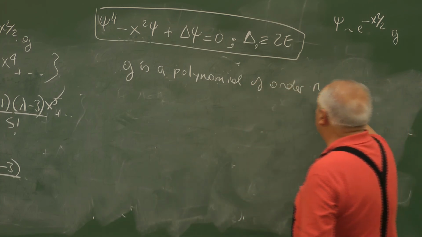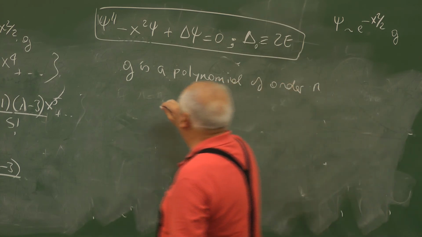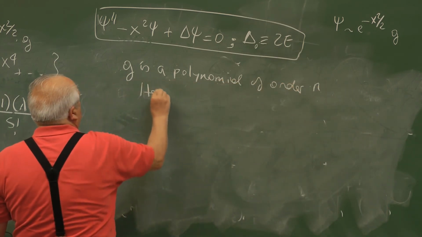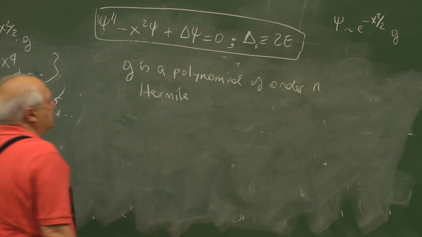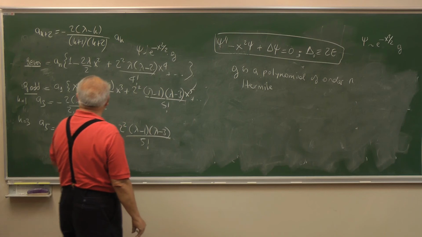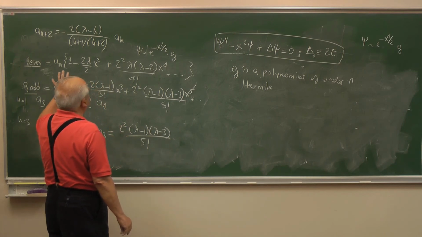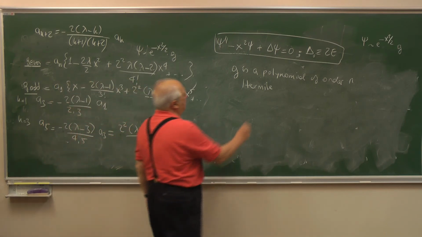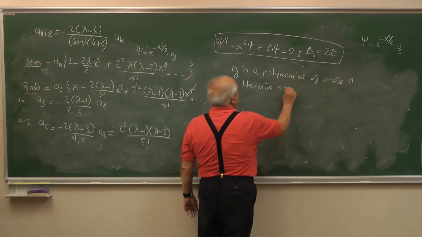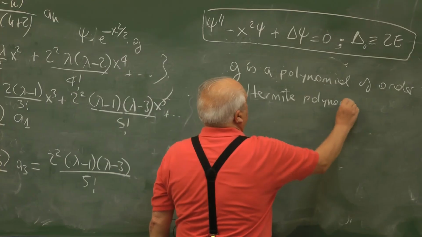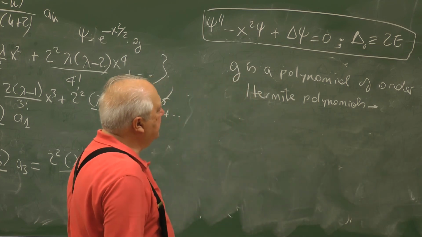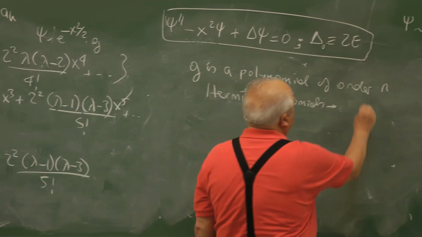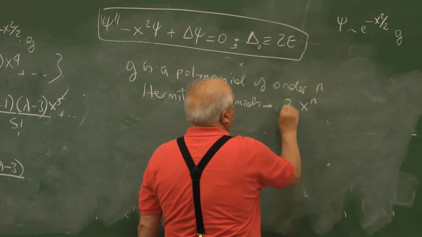Now, they have a famous name, Hermite polynomials. They are Hermite polynomials by some specific choice of the coefficients, which I will describe. They are Hermite polynomials if the coefficient of x to the n is 2 to the n.